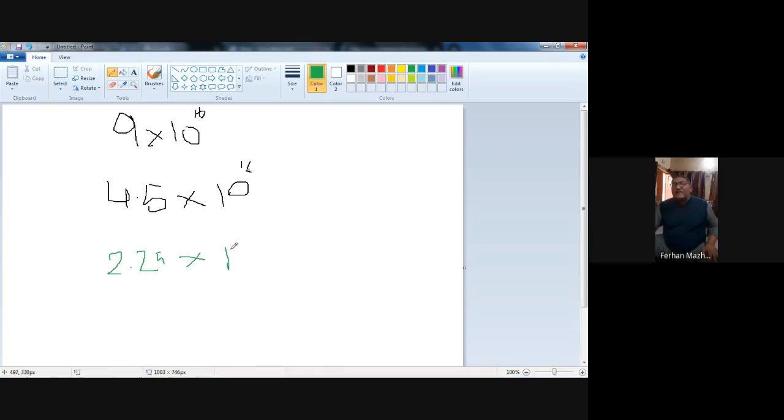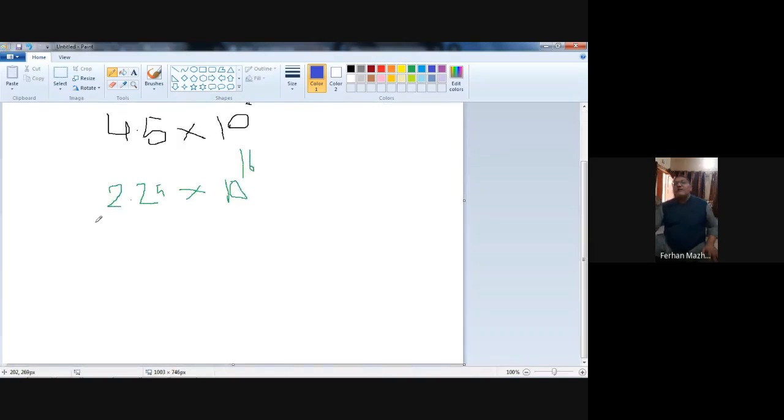So now two half-lives have passed. Again divide by 2. That will be our final answer. 2.25 × 10^16 divided by 2 is 1.125 × 10^16.